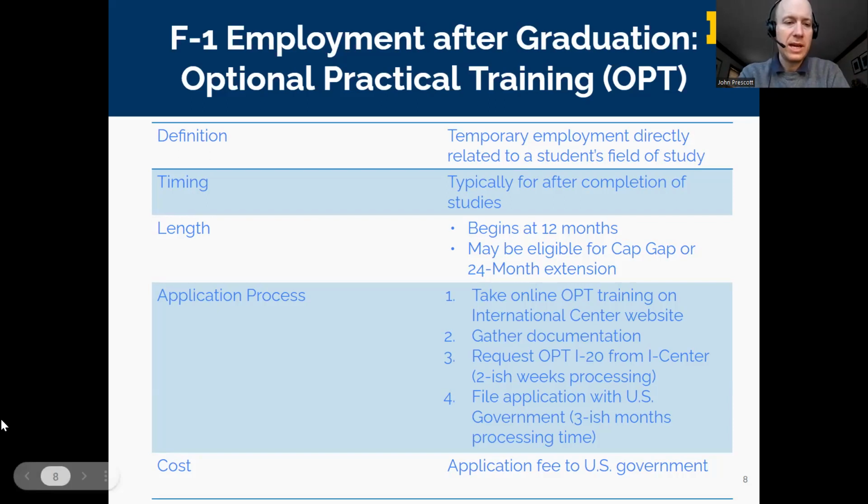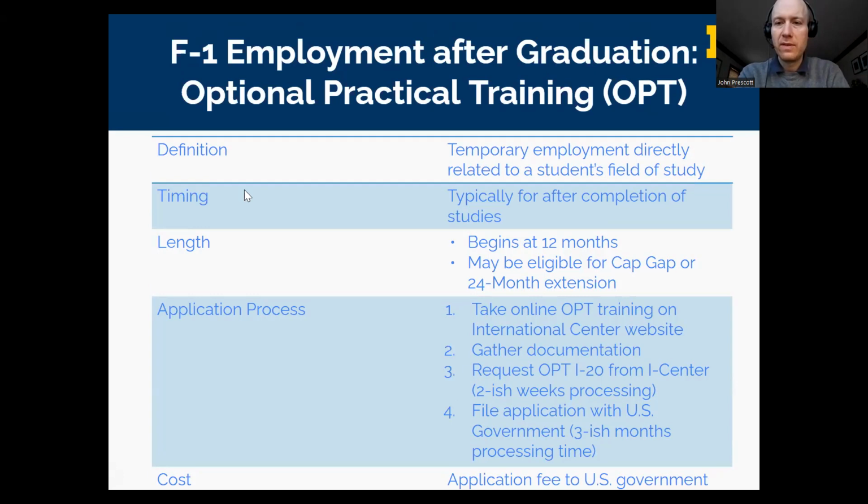I have a question in the chat, if I could just jump to that super fast. There was a question, if an F1 student has done some OPT before graduation, would this reduce how much OPT they have after graduation?